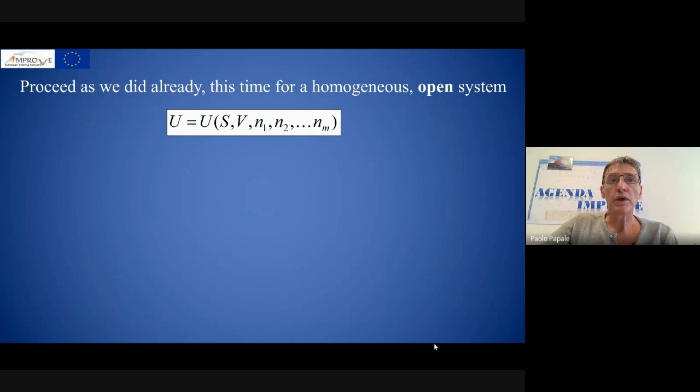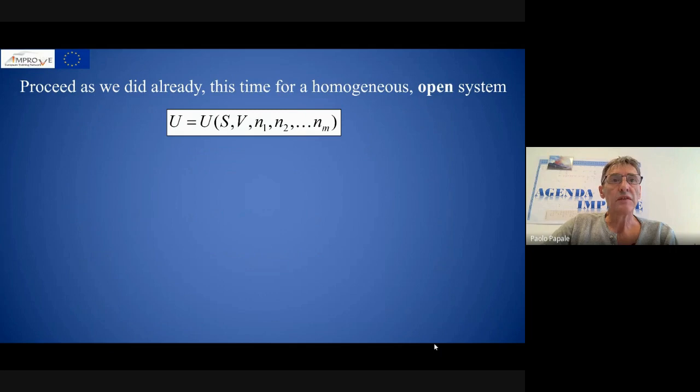In general, we can express the internal energy for an open system, such as, for example, the liquid phase or the gas phase in an evolving magma, as no more a function of just entropy and volume, as we have seen in Lesson 1 for closed systems, but as a function of also the number of moles of each component in the phase.